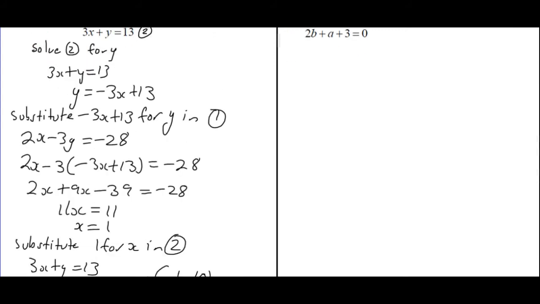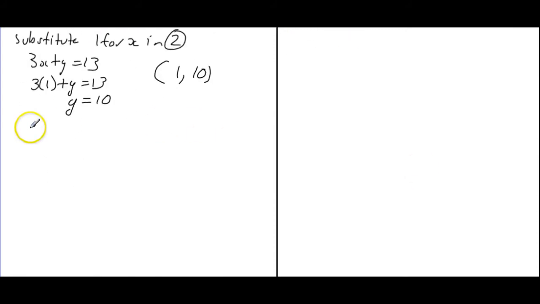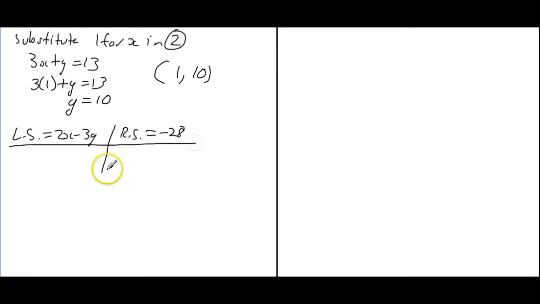So we have 2x minus 3y equals negative 28. The left side is 2x minus 3y. The right side is negative 28. And so it's equal to 2 times 1 minus 3 times 10, is 2 minus 30, which is negative 28.